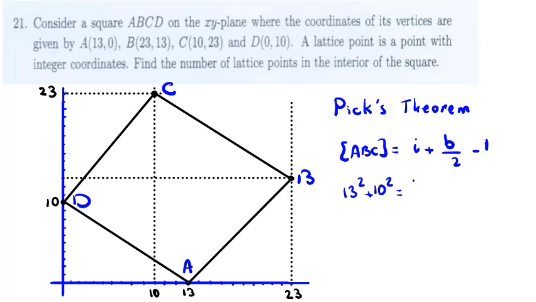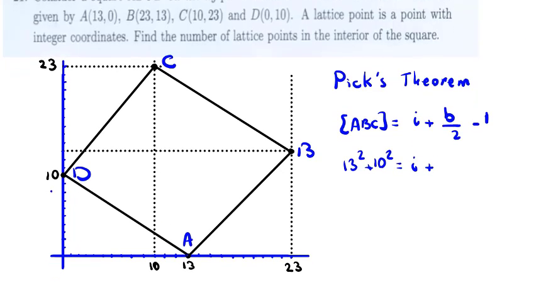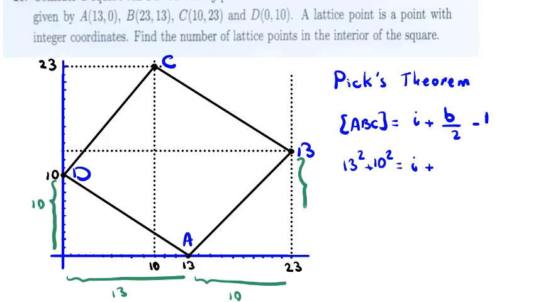Now, we want to find I, so we should find the points on the boundary. If you pay attention, it is 10, it is 13. Let me show with green: the length here is 10, the length here is 13, here it is 10, again it is 13.